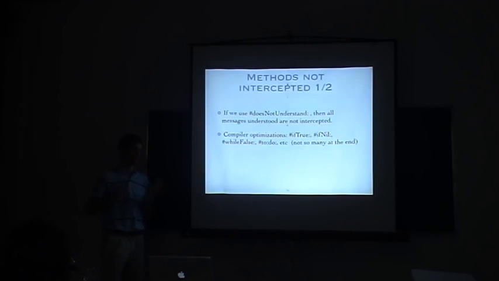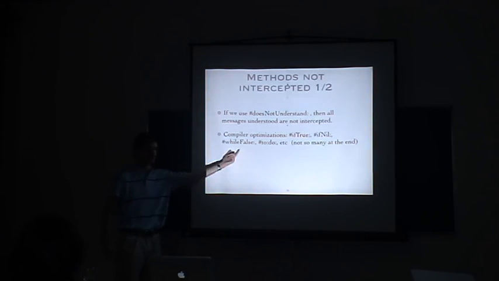It's not very common that I need to replace those instances with the proxy, because as I will show you later, most of the time what I just need to replace by the become are the roots of the graph. And booleans and small integers are not roots. So mostly the instances of the receiver of this method won't become replaced by a proxy. So after all, it's not such a big problem.